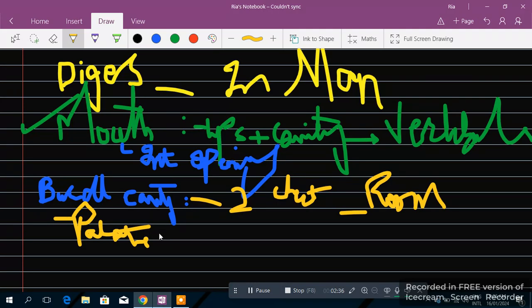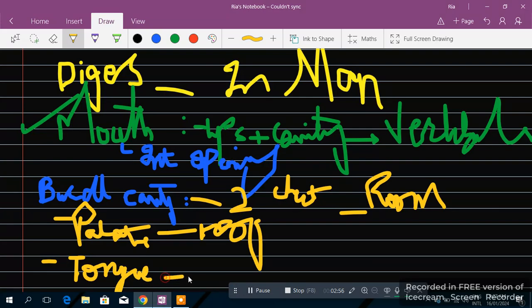The palate makes the roof, and the tongue which you see, the downward region, what does that make? That makes the floor, the downward part. Okay, this should be very much clear.